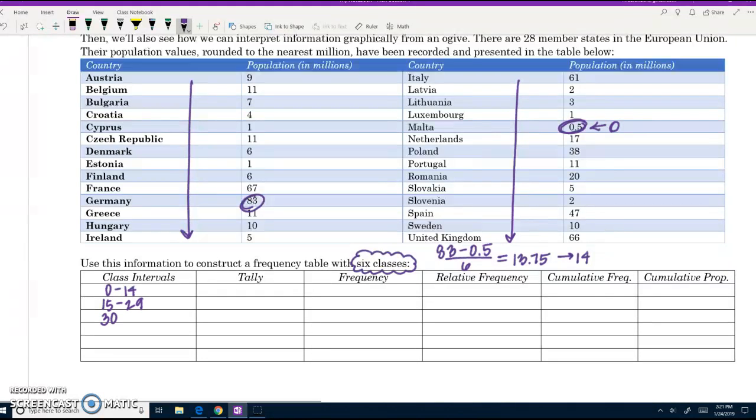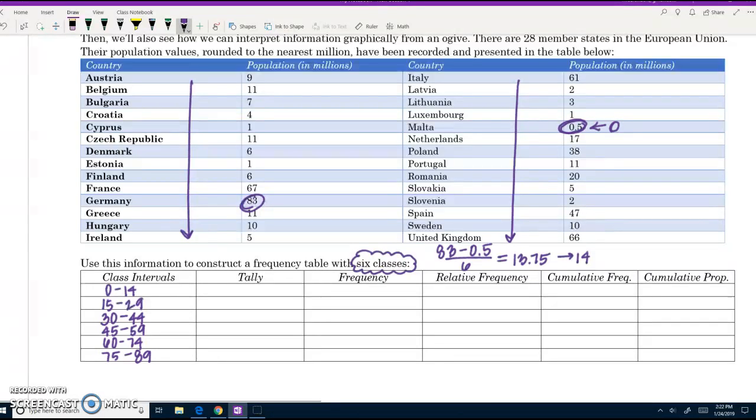Increment up to 30 and go up 14, so that will be 44. Then we'll get 45, increment up to 59, and then we'll go from 60 to 74, and then our last interval will be 75 up through, when we add 14 there, we'll get to 89. So those are our 6 class intervals that we're going to work with.